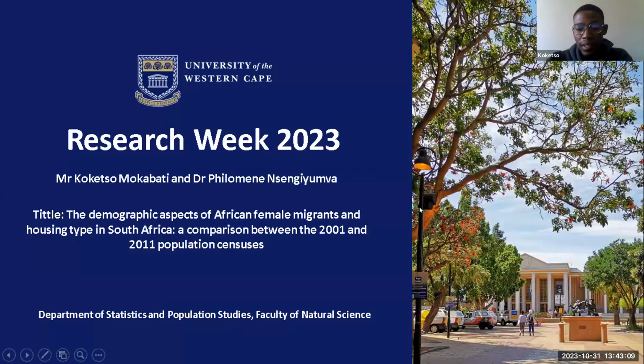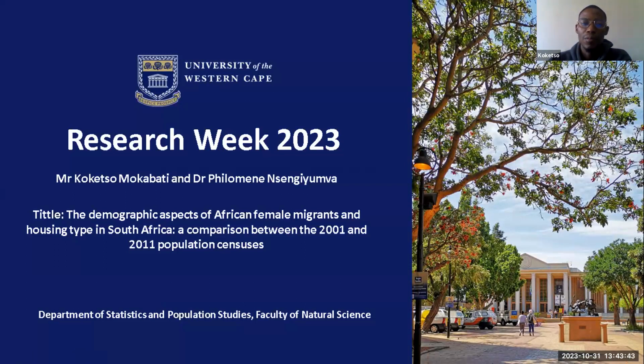Yes. Thank you very much, Chair. Good afternoon. Good afternoon also to the members of the audience. I'm presenting a paper that comes from my MPhil thesis with Dr. Philomin Sengyumva. It's titled The Demographic Aspects of African Female Migrants and Housing Type in South Africa. It's a comparison between the 2001 and 2011 population census.